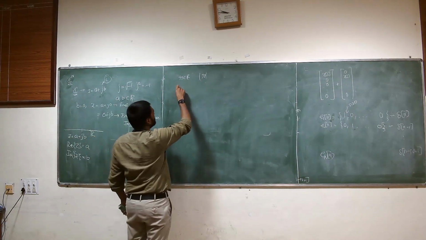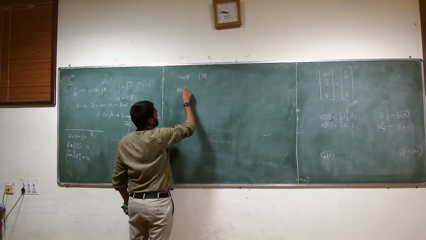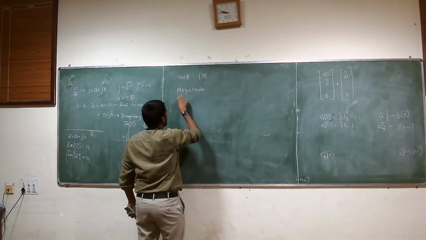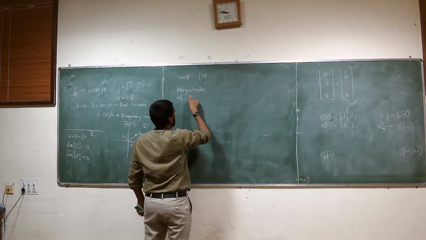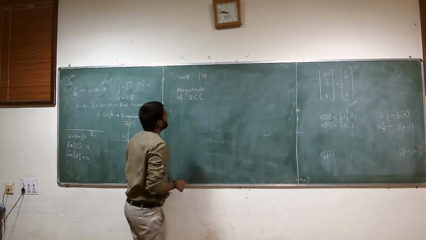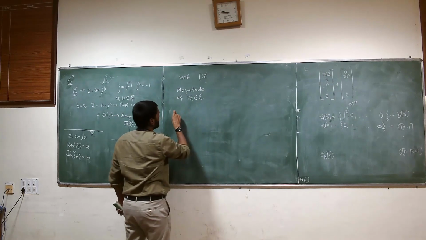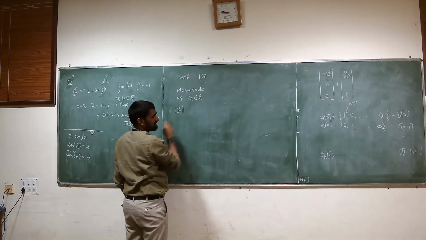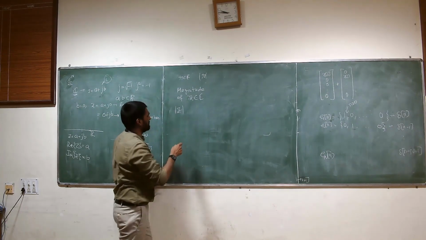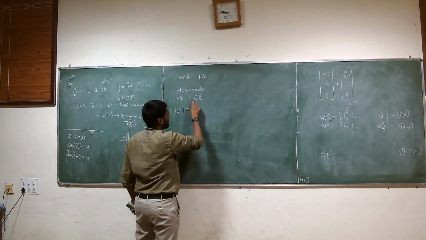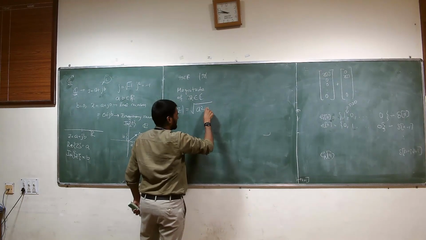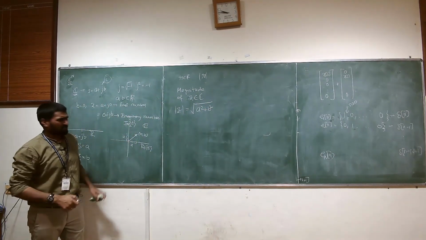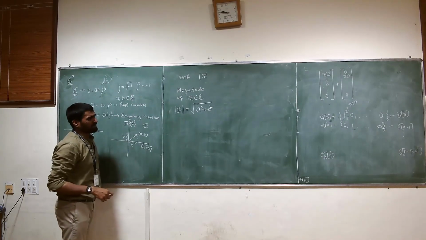We can similarly talk about the magnitude of z belonging to C, which is given by the modulus of the complex number. You simply take the Euclidean norm, which is the square root of a squared plus b squared.